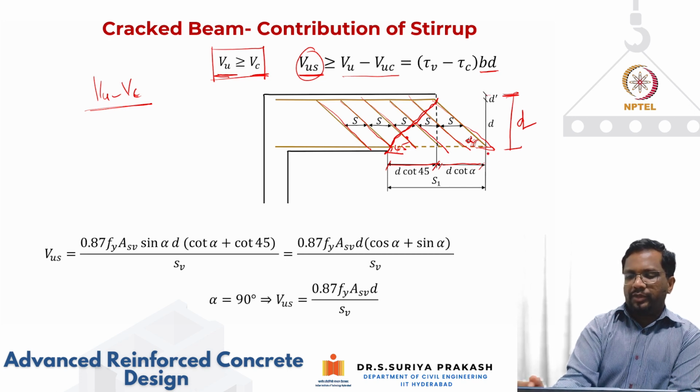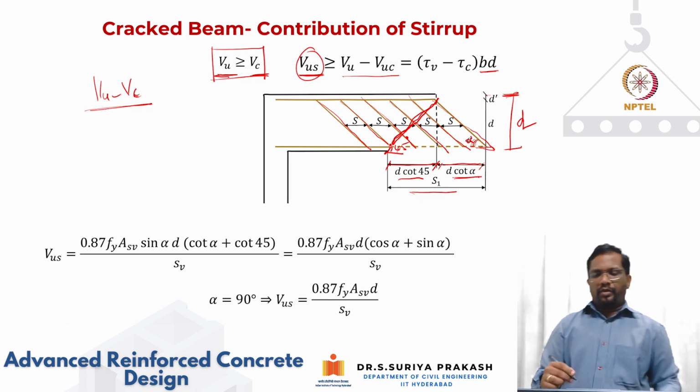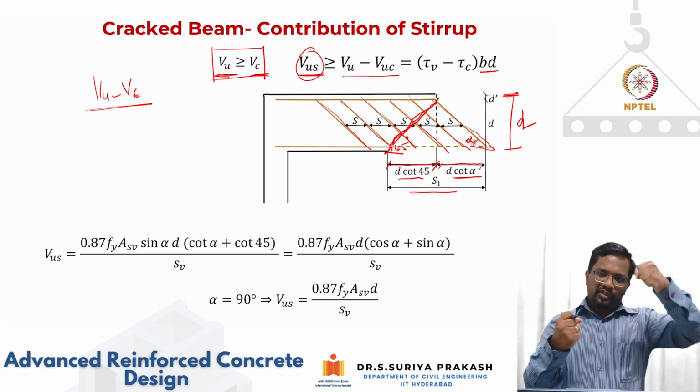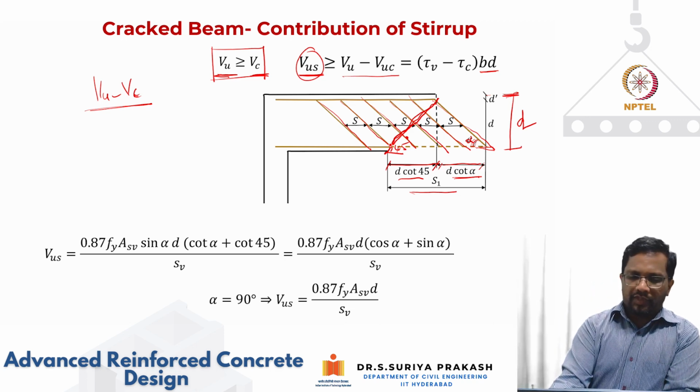So the entire distance S1, that is d cot 45 plus d cot alpha, will be intercepted by this crack. So the shear is going to put the stirrups in tension. Now, what would be the vertical component?